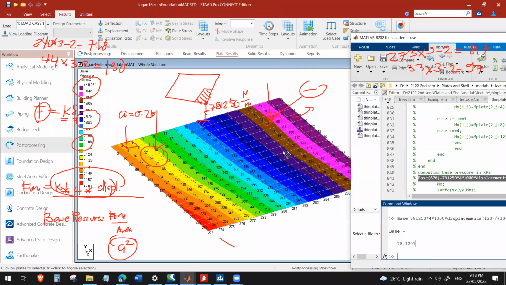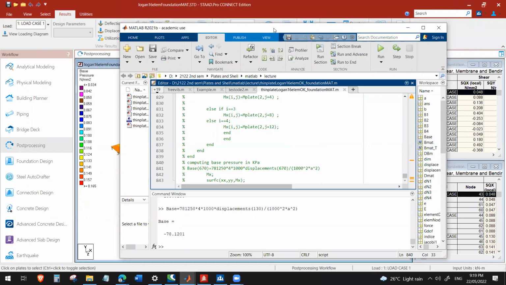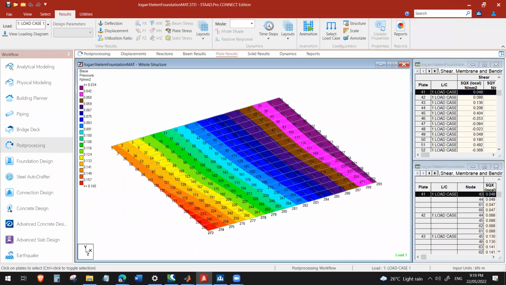So looking at our stress contour, the maximum base pressure is 165 kilopascal, as you can verify, and the minimum is 34, which means we did not exceed the allowable soil bearing capacity, which is 450 kilopascal.